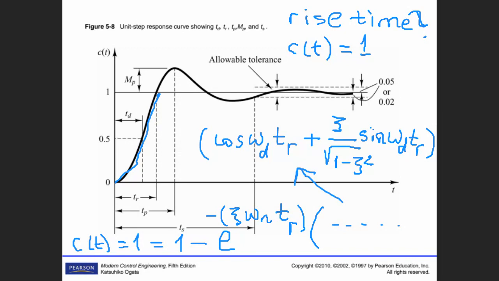So you are going to write how you achieve that 1 is equal to 0. If you look at my cursor, are you following me? What I'm doing now is trying to obtain t_r. At t_r, the function is equal to 1.